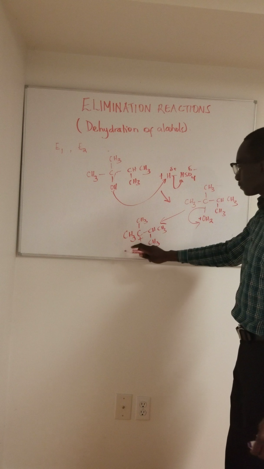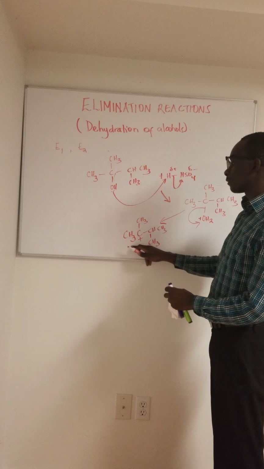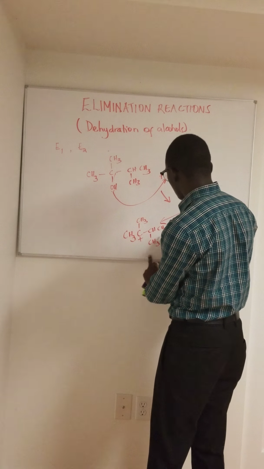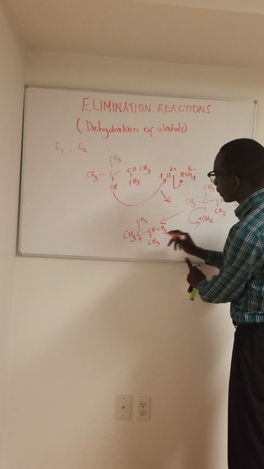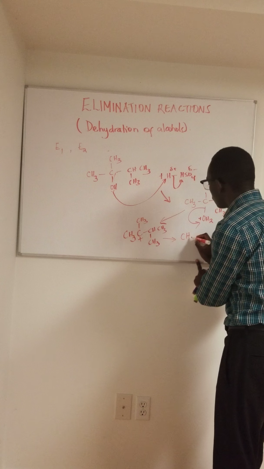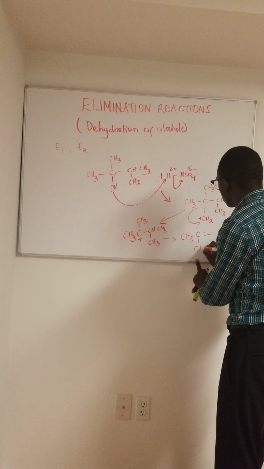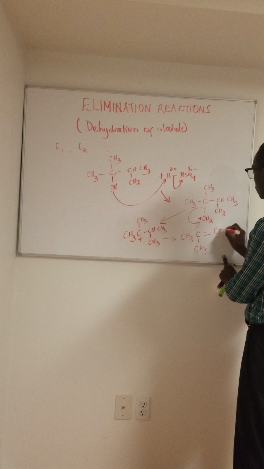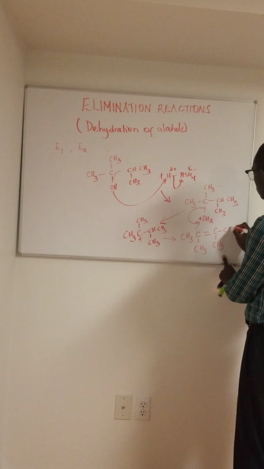Now from this we can have a product: CH3, carbon double bond to the CH3, to the C, CH3 and the CH3.